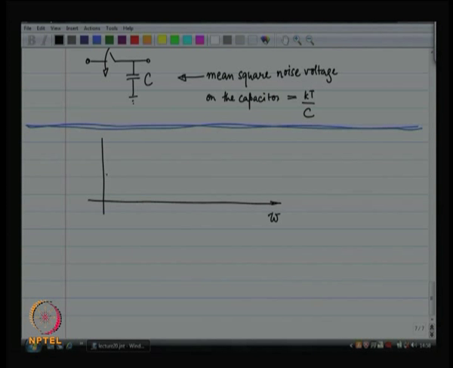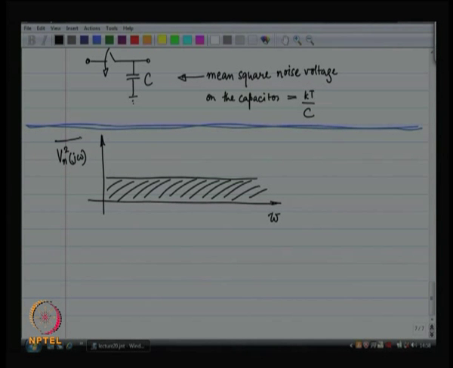If I draw the power spectral density of noise, then it is uniform, it has a value of 4kT times R. This is the noise of a resistor.